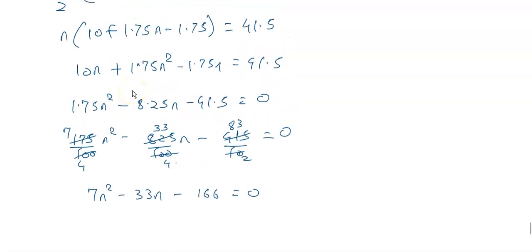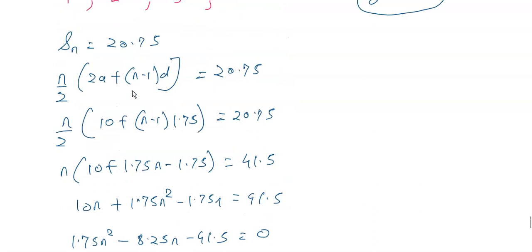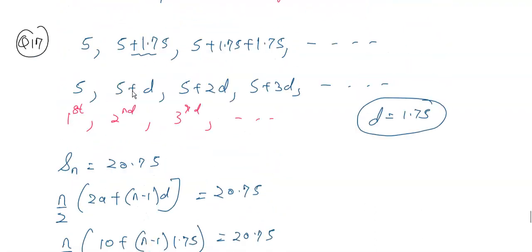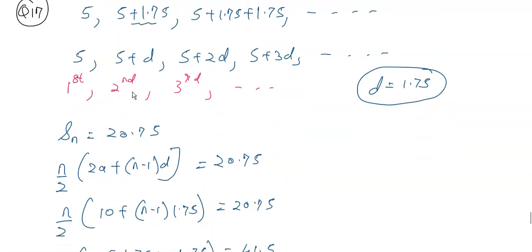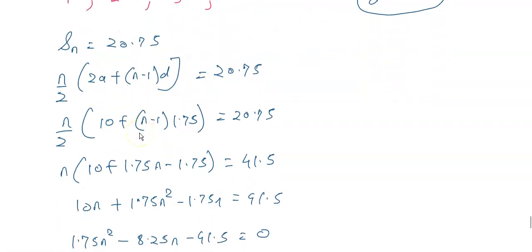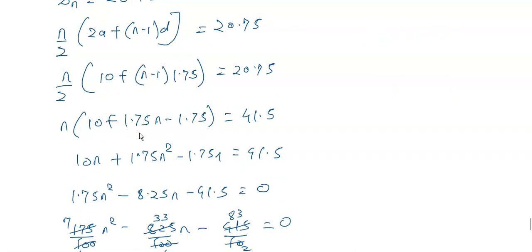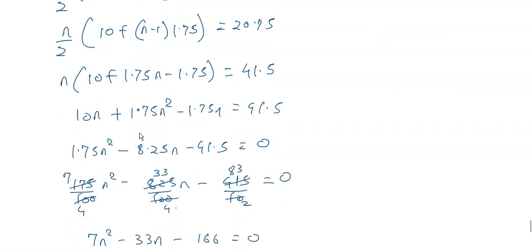I think some kind of a calculation mistake. 10 plus, okay, d was 1.75. n by 2 into 2, so this is 41.5. Find 10n, 1.75 n square.